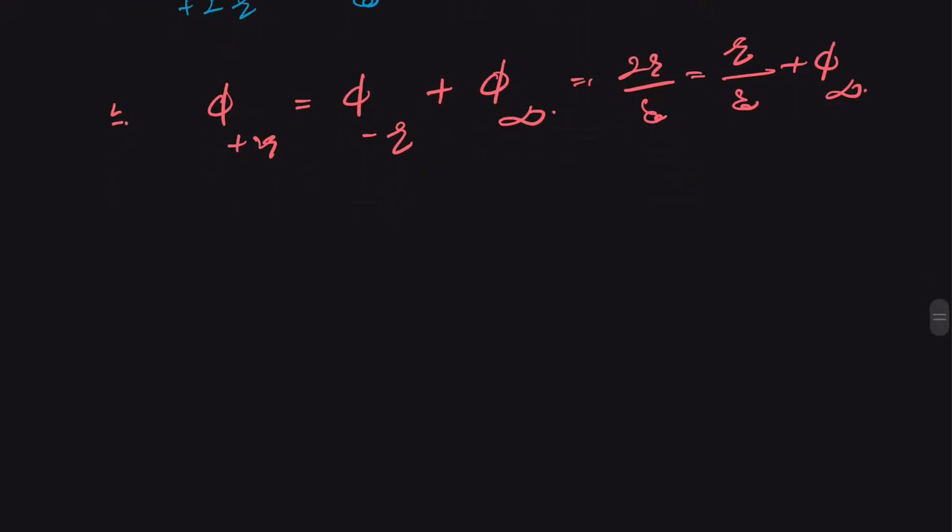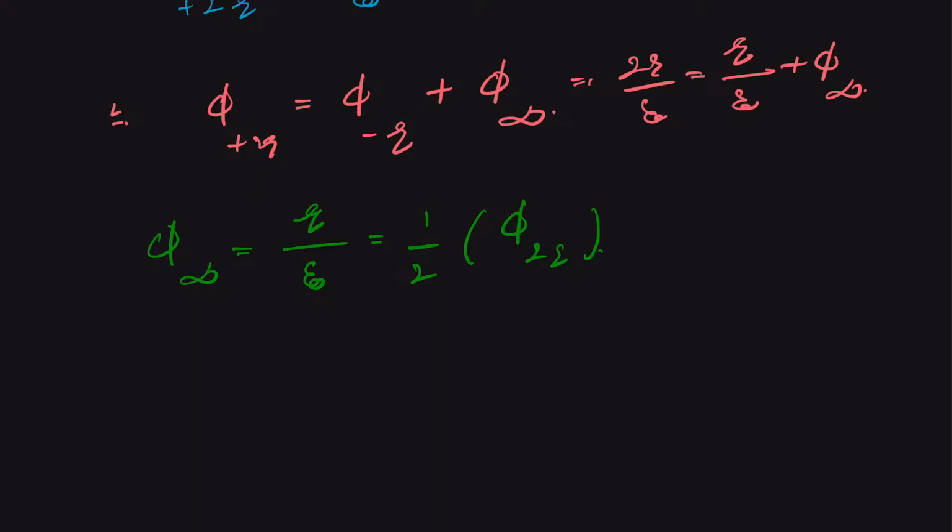Therefore the flux going to infinity is q upon epsilon naught, which is half of the flux starting from 2q. So only half of the flux terminates at our minus q charge.